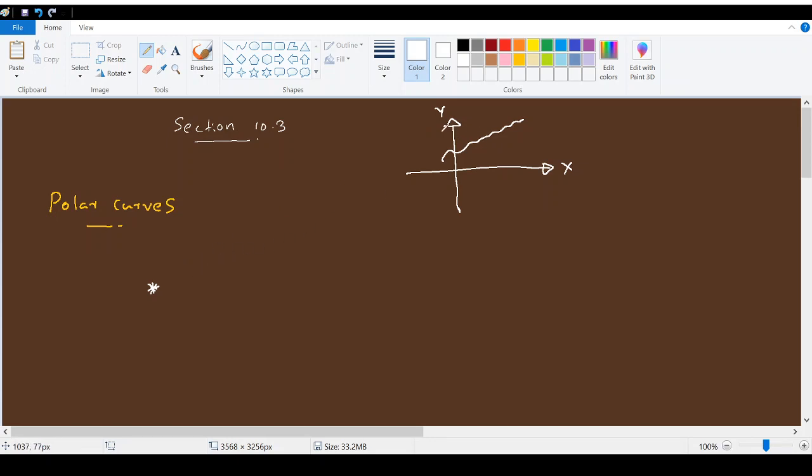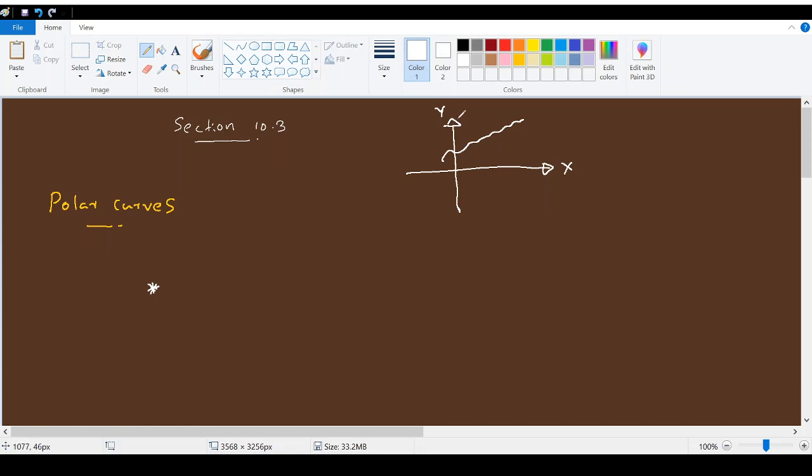correctly, okay? Because when plotting the Cartesian coordinates, you have both x and y, because this is the Cartesian plane, right? But when it comes to polar curves, we are plotting it in the polar coordinate system.